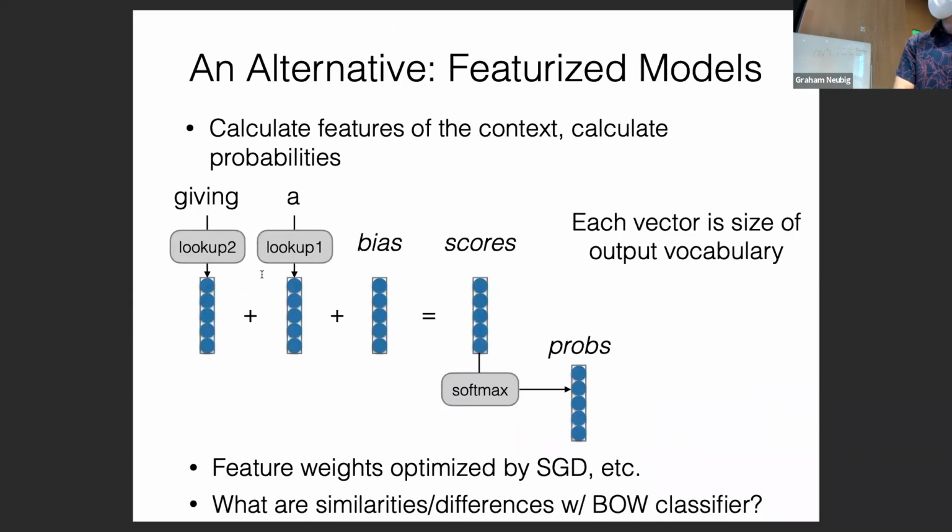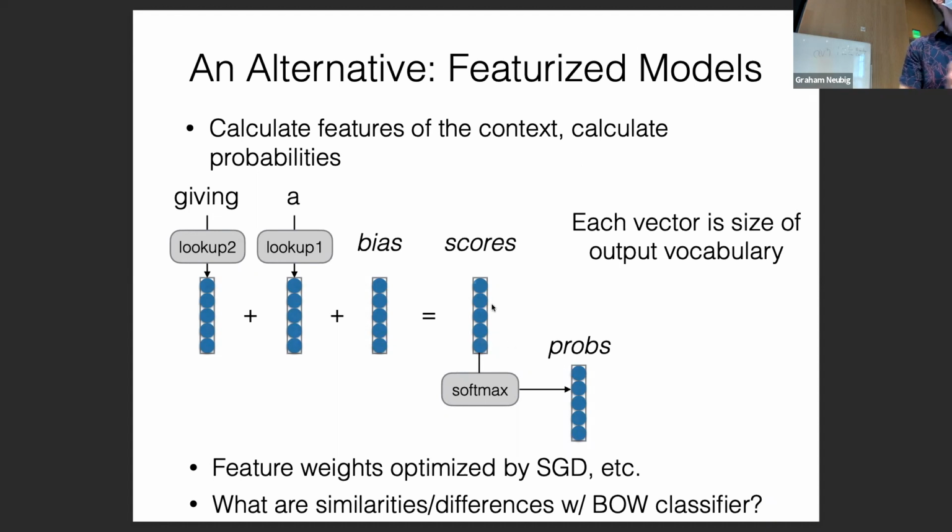we had this very specific way of calculating scores from a language model, which specifically consisted of lookup 2, lookup 1, and a bias. So this is a log linear featurized model, but we can use any variety of function to calculate these scores.